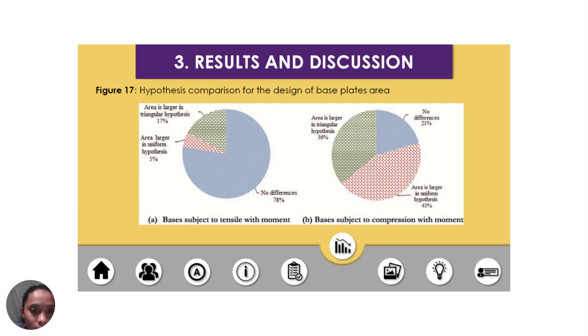In B, base subject to compression with moment, no difference is 21%, while the area larger in the uniform hypothesis is 43%, and the area larger in the triangular hypothesis is 36%.